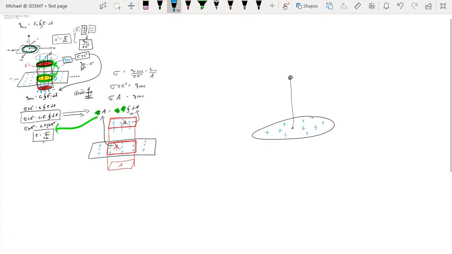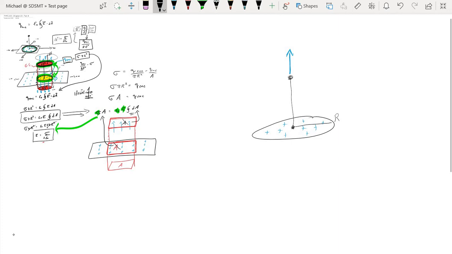If we look at the electric field that is produced right directly above the center point of a disk, we get an electric field that has only a vertical component. All of the horizontal components canceled out due to the symmetry.